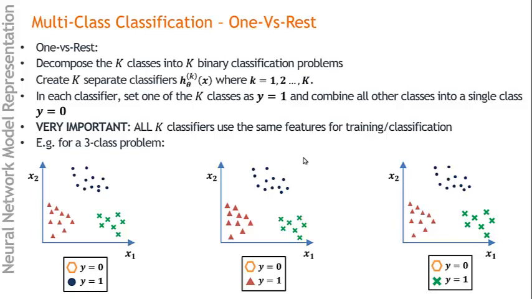Now remember, one of the strategies for multiclass classification with logistic regression was to do one versus rest. And we could do this with any binary classifier. Suppose we have k classes, and for each class you get a threshold.